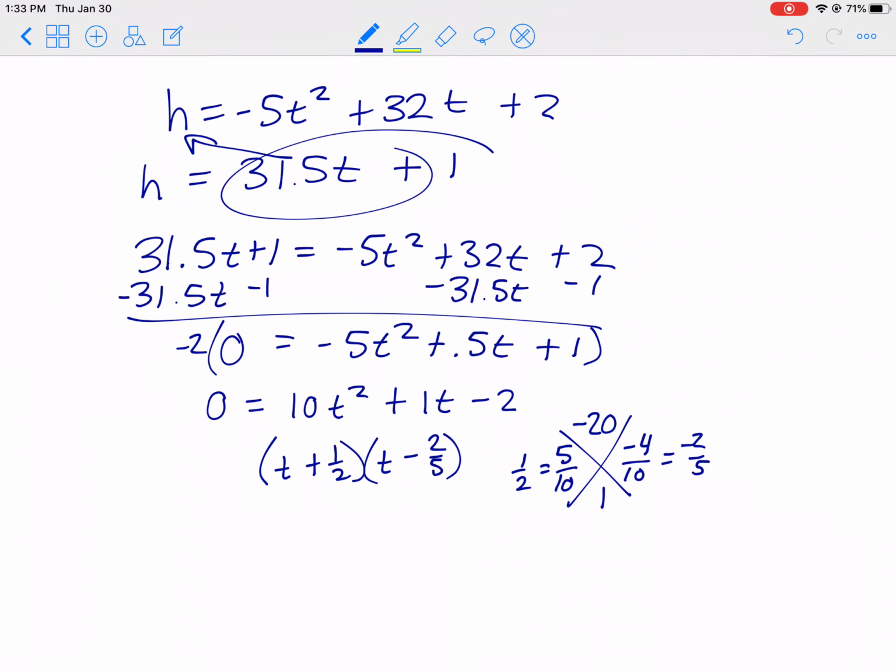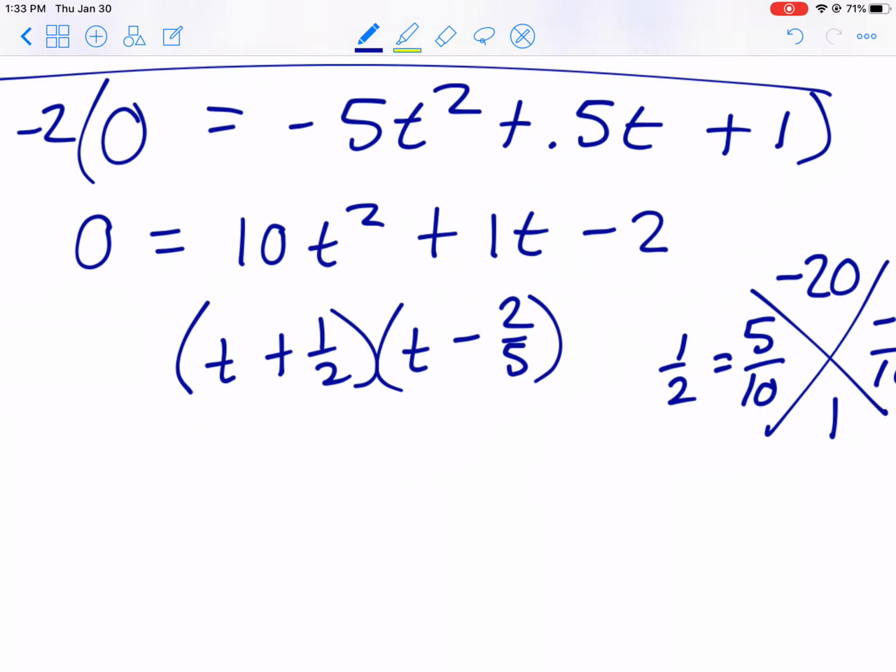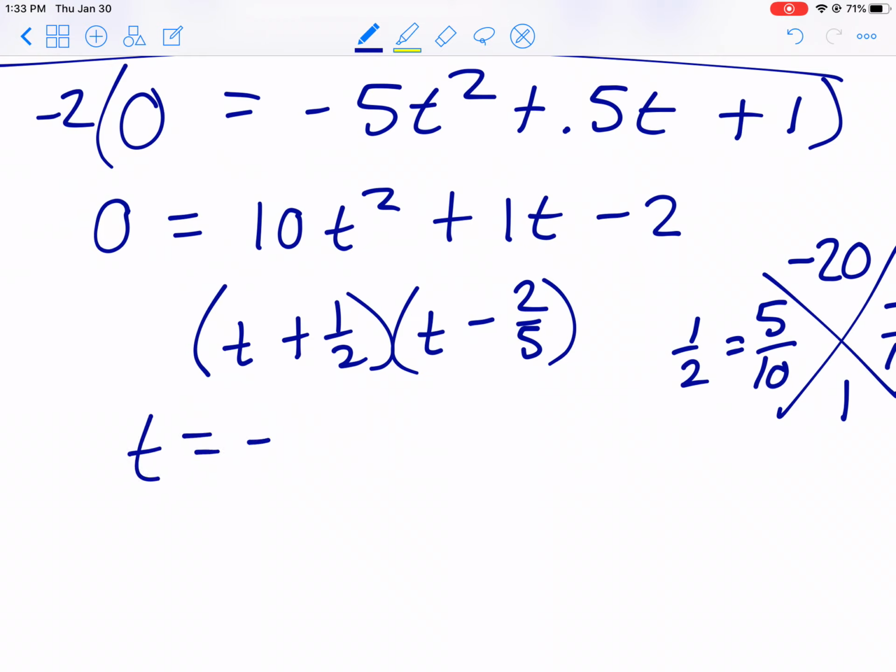Did I make a mistake somewhere? Okay, so our solutions would be negative 1/2 and positive 2/5. Negative 1/2 doesn't make sense. That would go backward in time a half second, so we'll ignore that.